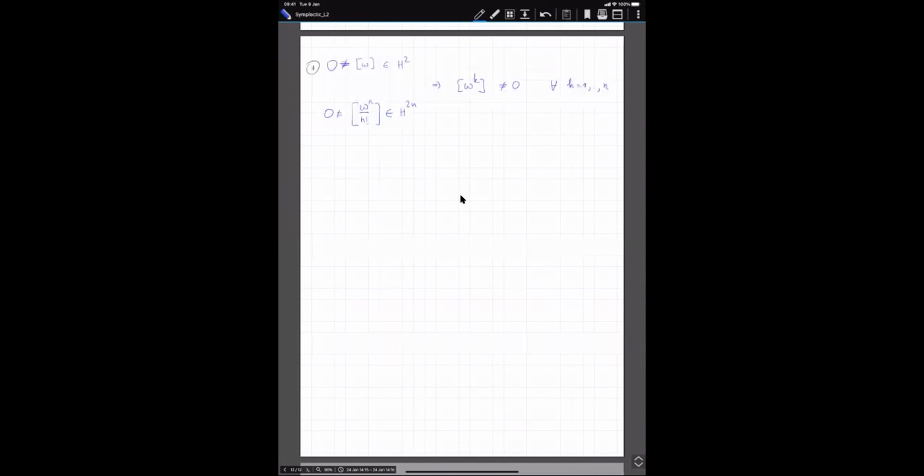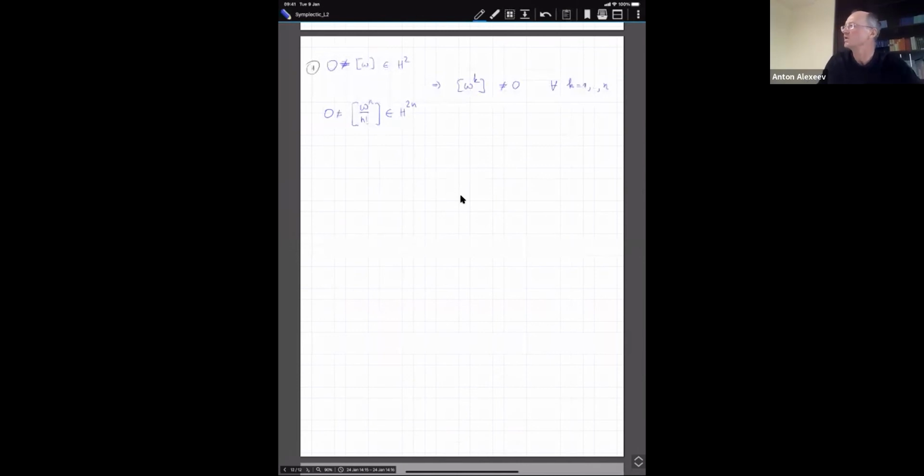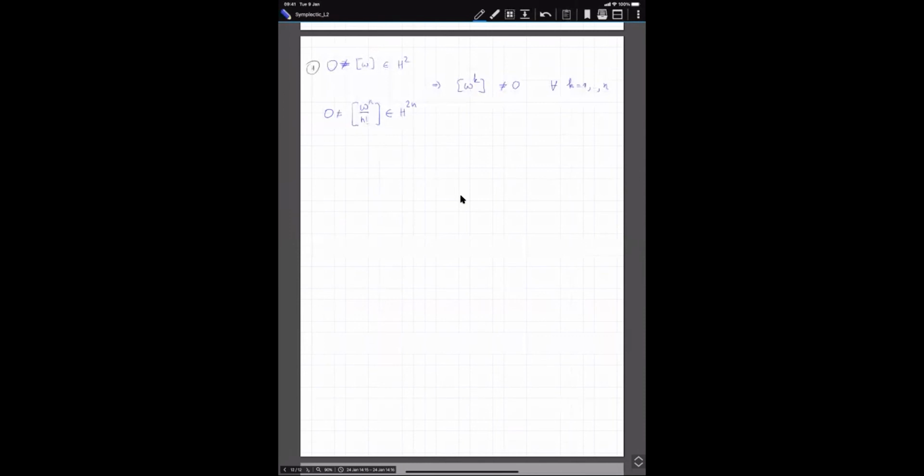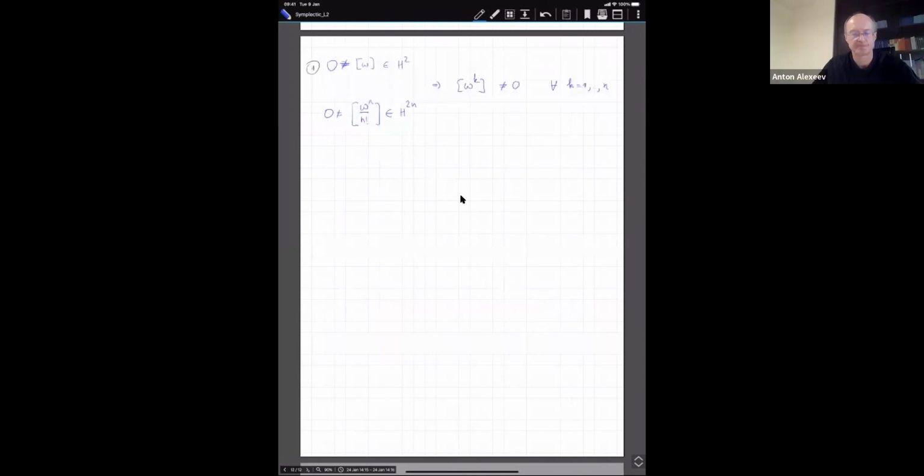S4 is non-symplectic. Yes, you're probably right. I think S2 cross S4 cannot be symplectic, because there is no two-form whose square is non-zero. That's correct. Thanks a lot.